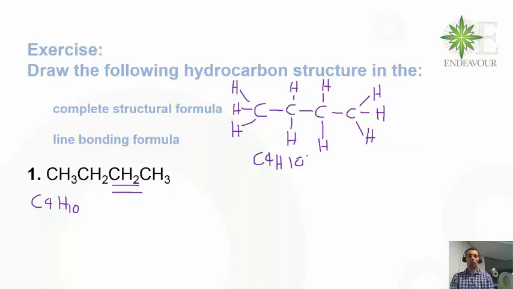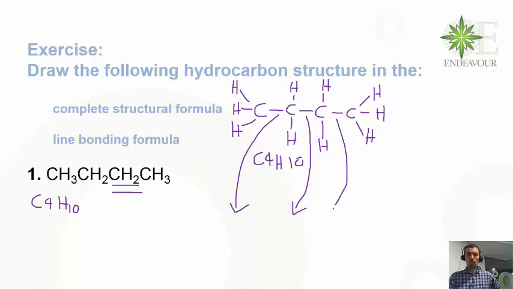What about the line bonding formula? This one's a little bit trickier. Essentially we're just representing the carbon atoms as endpoints of the line. So we're going to take these 3 lines and represent them in line bonding formula. We're going to have one line to start with, then the next line, and then we need one more.